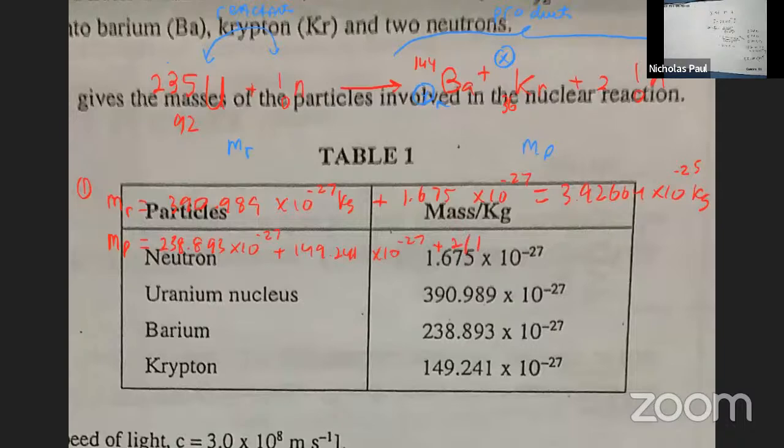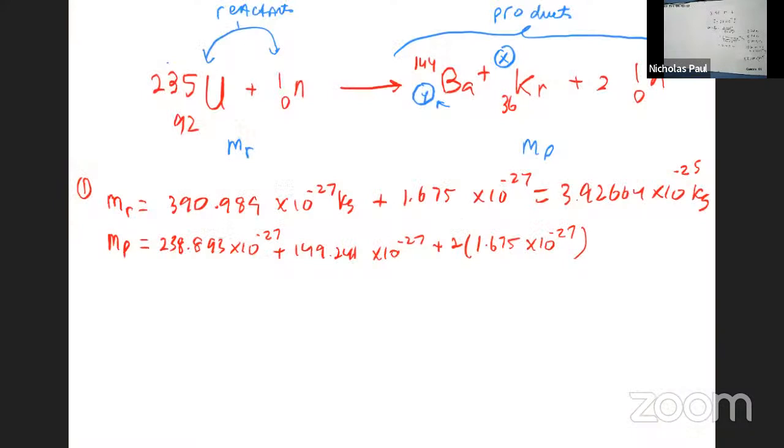So that's 2 by 1.675 by 10 to the minus 27. Okay? So it's 2 neutrons, one barium, and one krypton. How much is that? 3.9 by 10 to the minus 25 kilograms. Nice.